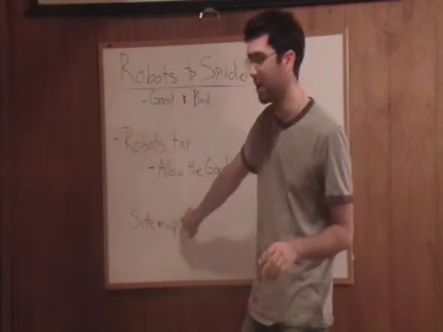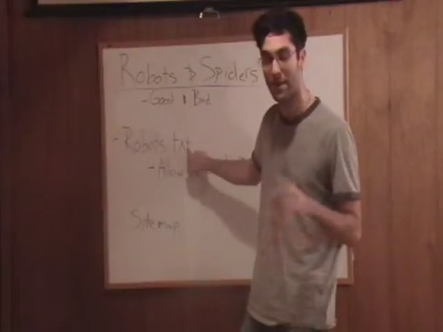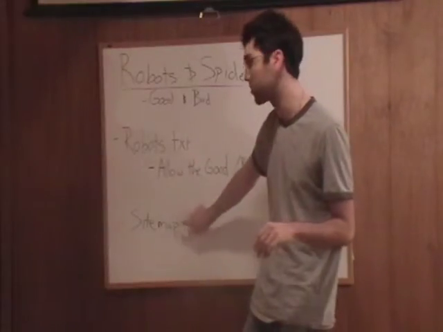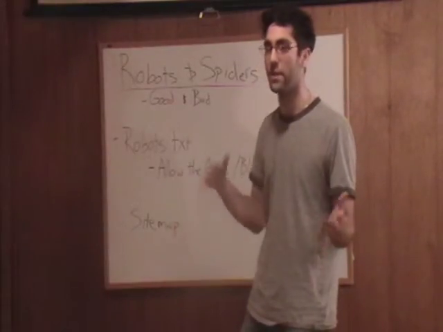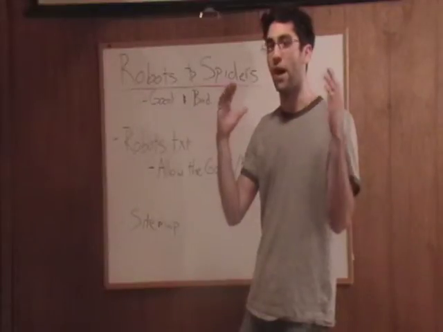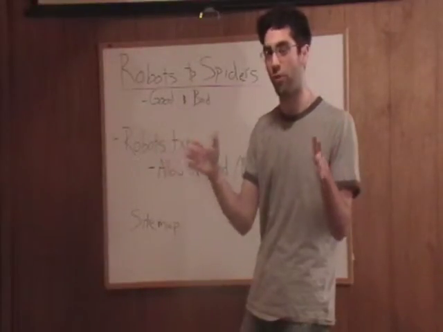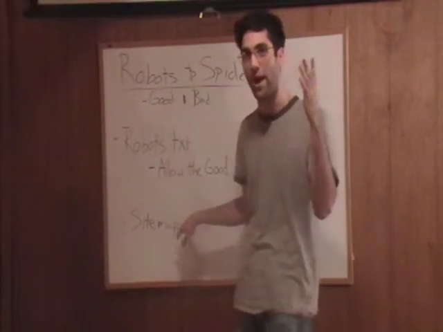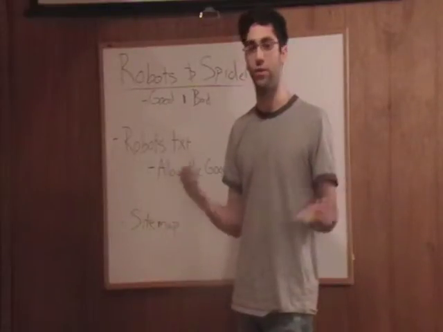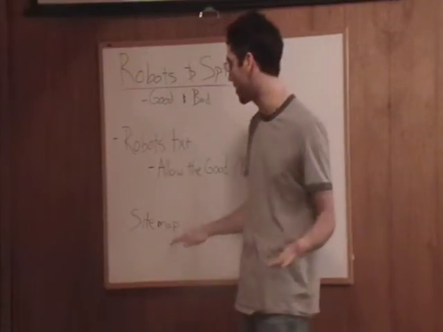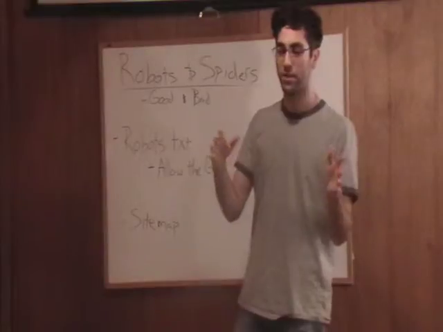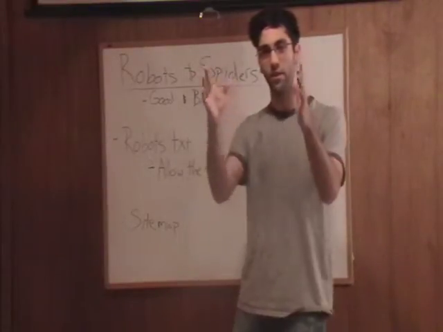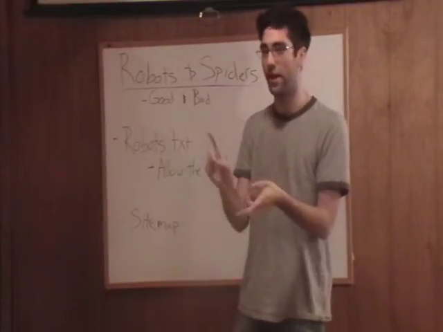Another thing that you include within the robots.txt file is the location of your sitemap. And what the sitemap is basically, it's a hierarchical structure of your website. So say you have a website that you're selling some sort of items. Say you're selling books and clothing.